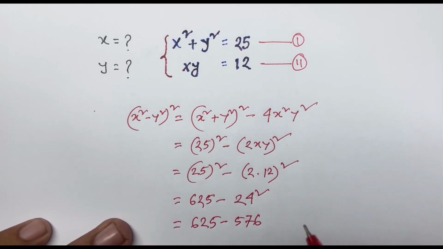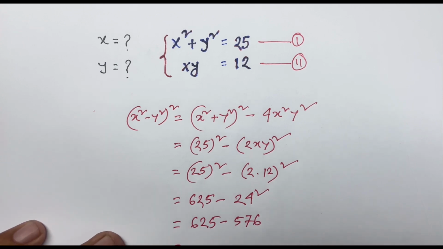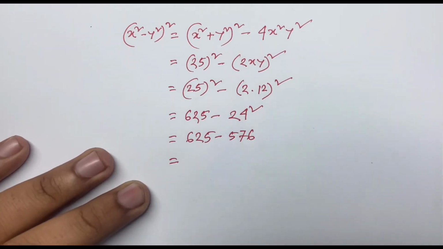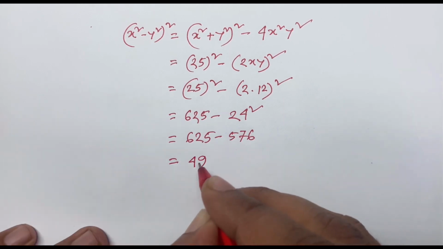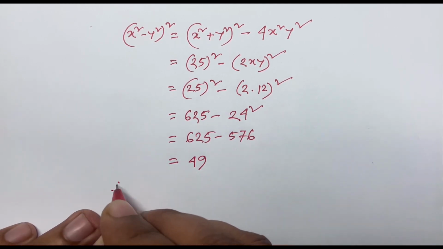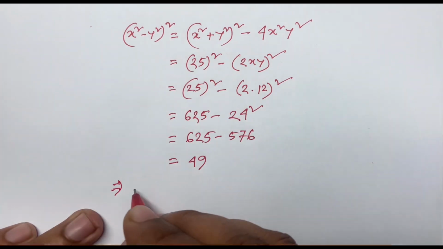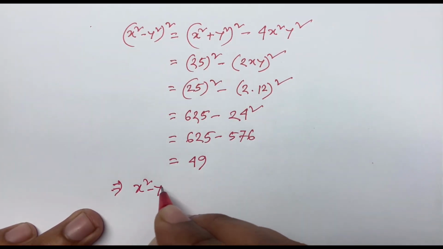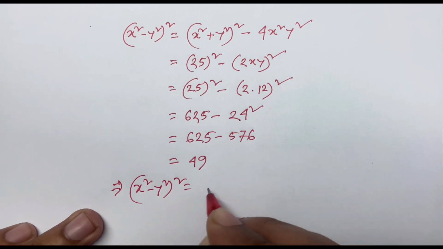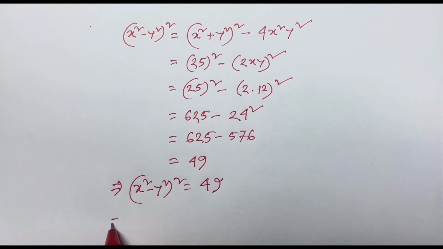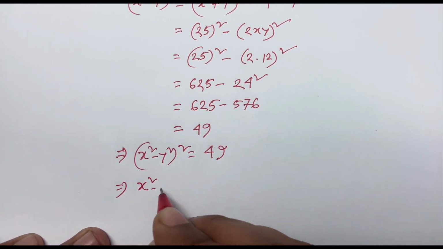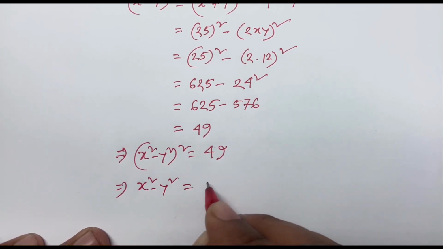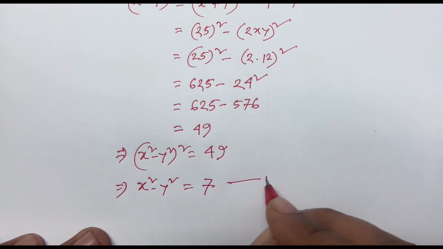We know that 24 square equals 576, and now I can say easily 625 minus 576 equals 49. So (x square minus y square) whole square equals 49, and if I take the square root of both sides, I can say easily x square minus y square equals 7. So this is the third equation.